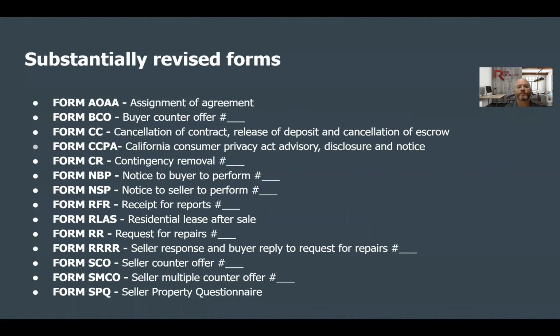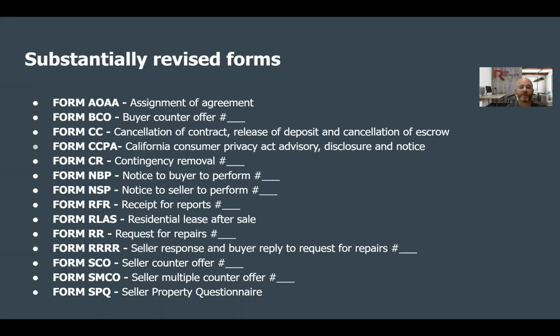Substantially revised forms. So we do use quite a few of these. These have had revisions to them. A lot of that is stemming because of the new RPA, and they're just kind of, you know, updating these forms. So the assignment of agreement, that one's fairly popular. That one's been substantially revised. Buyer counteroffer, cancellation of contract, California Consumer Privacy Act, contingency removal, that's a big one.